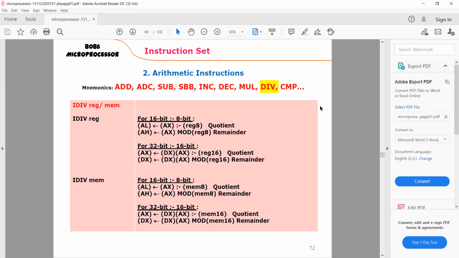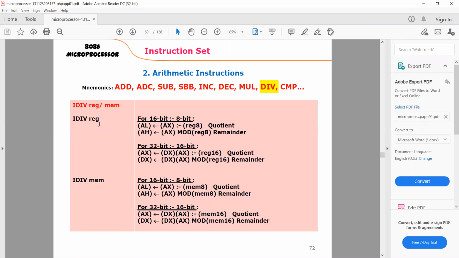Here we will also consider the sign of the divisor and the sign of the dividend. The sign flag will also be considered, and based on that we perform the operations. No other difference you can see in the operations. The remaining operations will be the same: the storage of quotient, remainder, dividend and divisor.